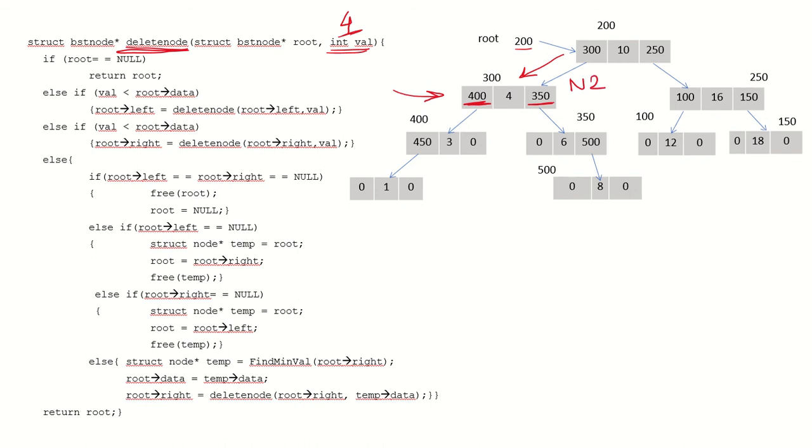Let us call this node n2. And what we are going to do, as I discussed earlier, is replace this node by the minimum node value in the right subtree. Okay. So we have done all these parts and we have come to node n2, and now we are over here.